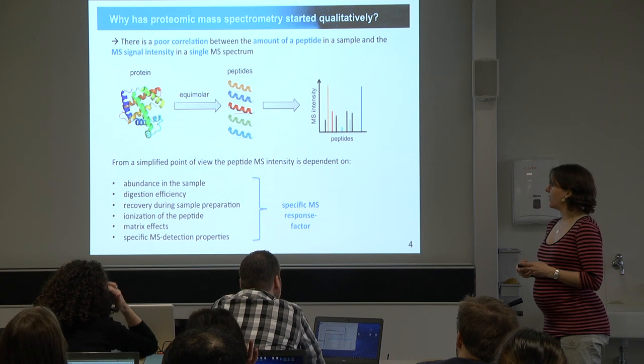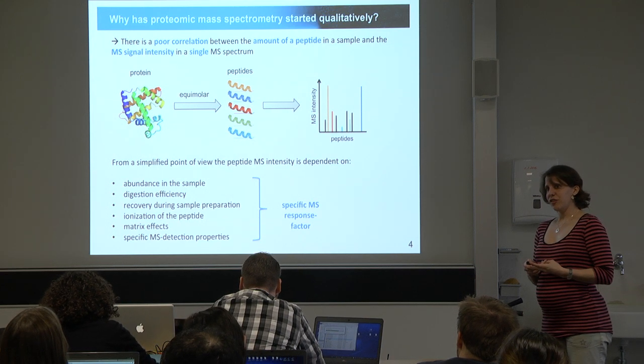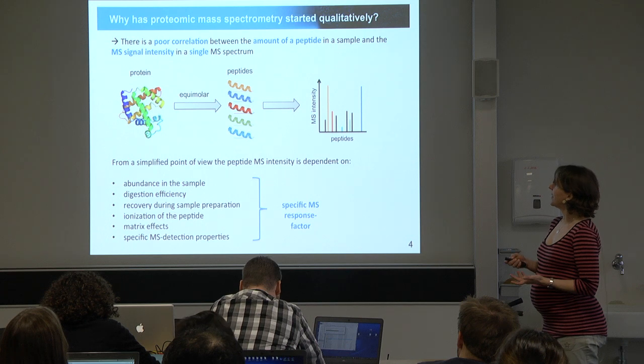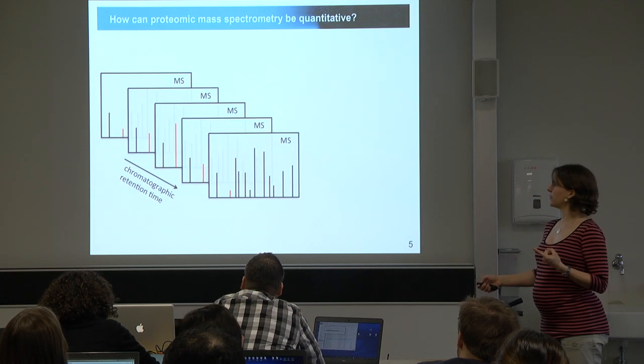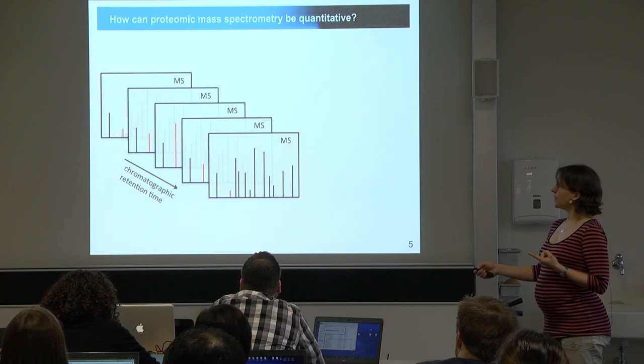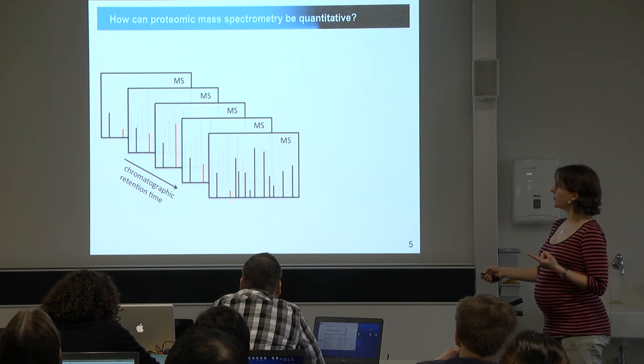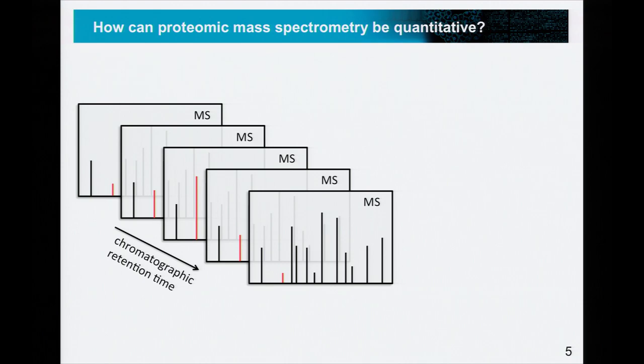Okay? But what people have actually figured out pretty fast is that when you focus only on a single peptide or a single precursor, and you follow the intensity of that single precursor over the chromatographic retention time, so when you measure a peptide many, many times over an HPLC gradient, then you can extract these chromatographic traces that we have also seen yesterday.